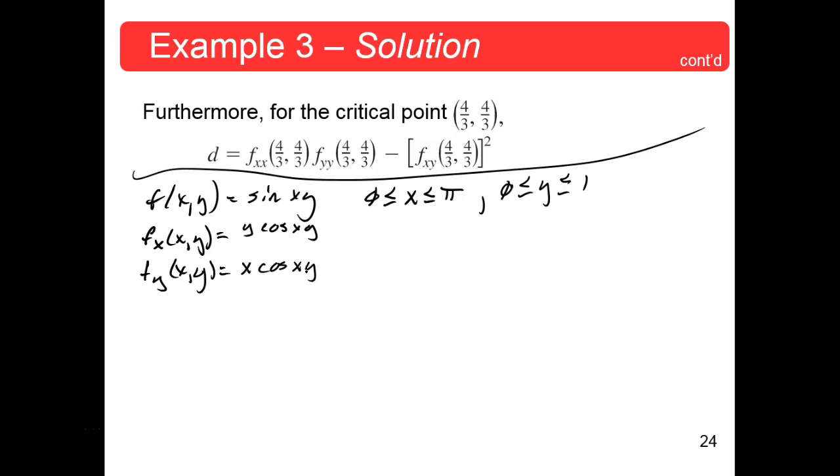Now, what we're interested in is where they may be 0 or undefined. Well, they're defined everywhere, especially on that limited domain, the closed domain. So basically all we're interested in is when there's 0. So where are those functions 0?